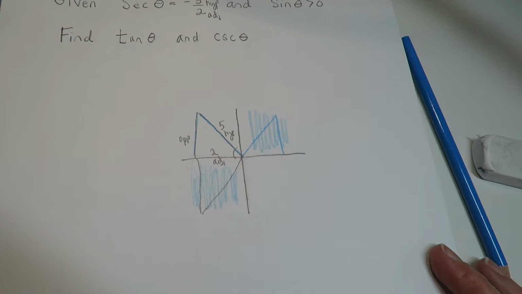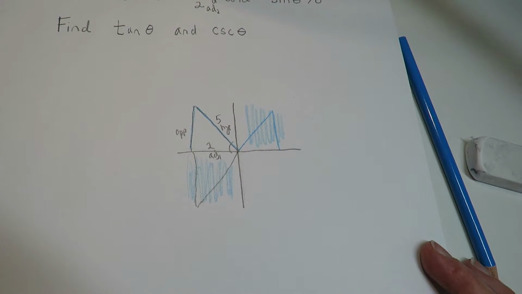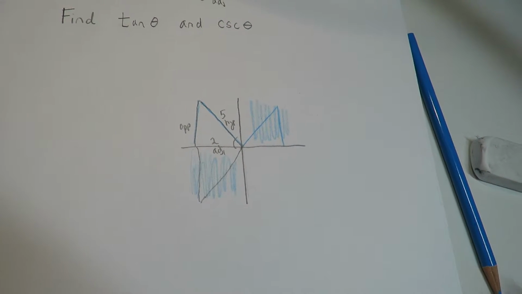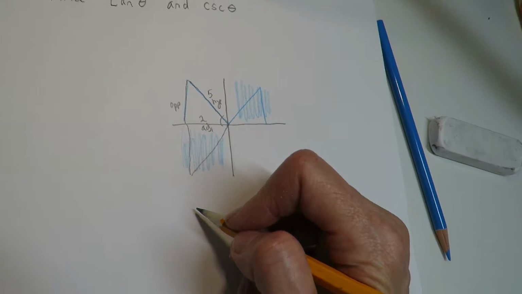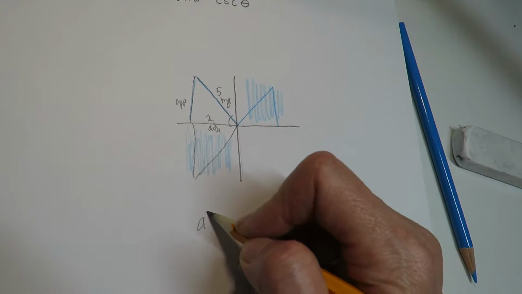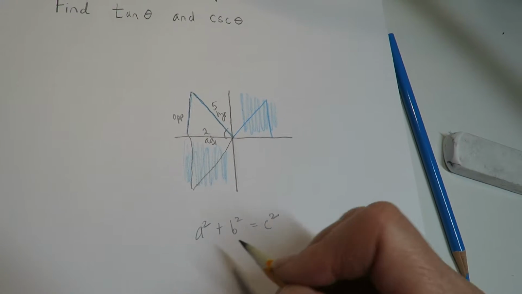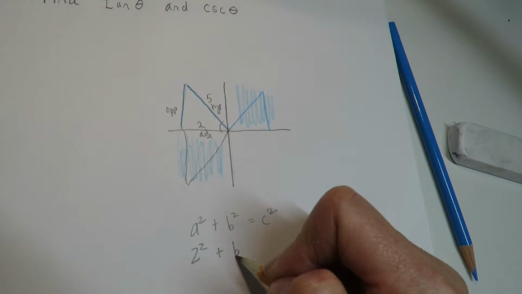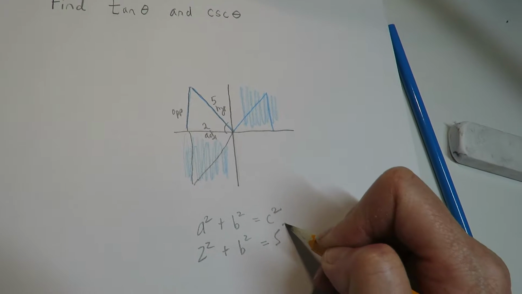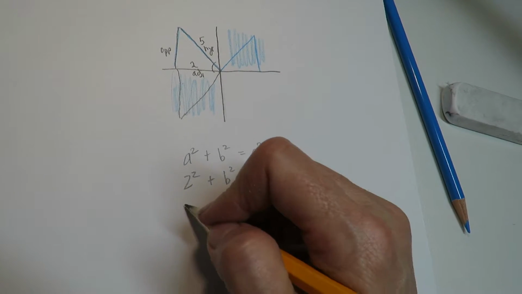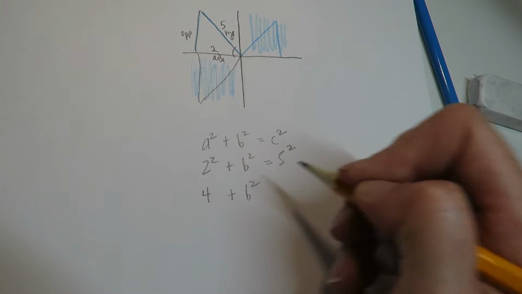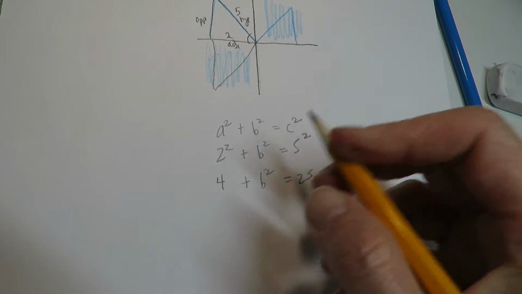Make sure you find the opposite side. You use the Pythagorean theorem to find the opposite side. So let's go ahead and do that. a squared plus b squared equals c squared. 2 squared plus b squared equals 5 squared. So 4 plus b squared equals 25.